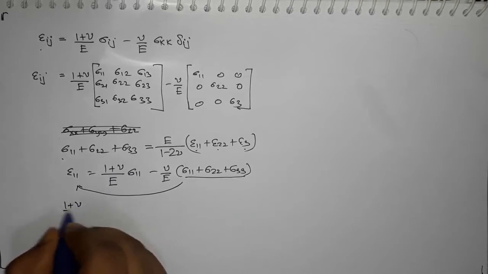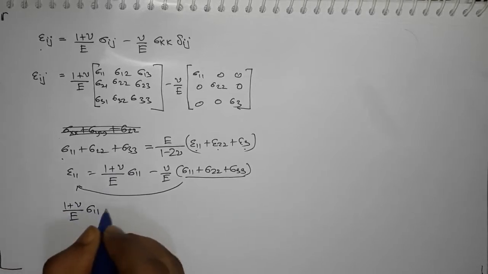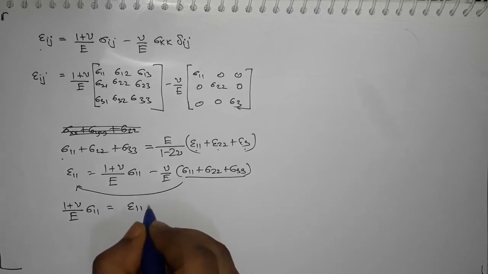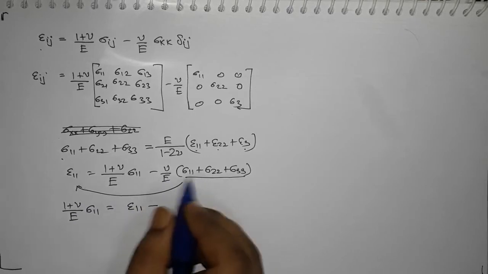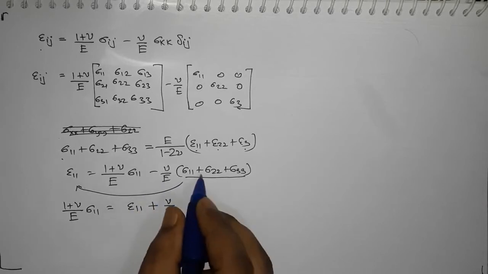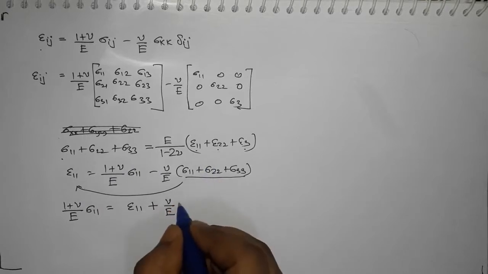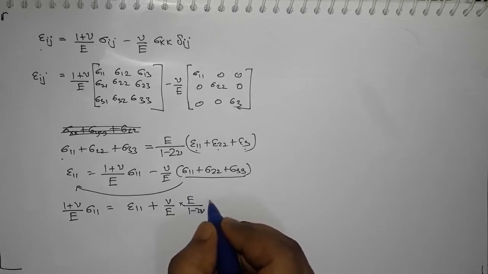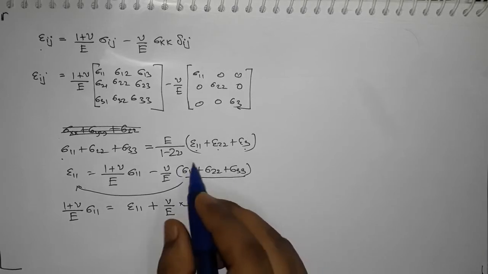So I can write (1 plus mu) by E sigma 1 1 equals epsilon 1 1 plus mu by E, and this we are now replacing with that, so it will become E divided by (1 minus 2 mu) times (epsilon 1 1 plus epsilon 2 2 plus epsilon 3 3). Mu is Poisson's ratio.